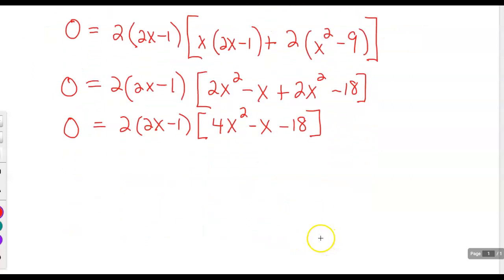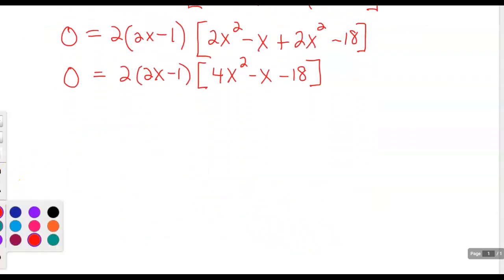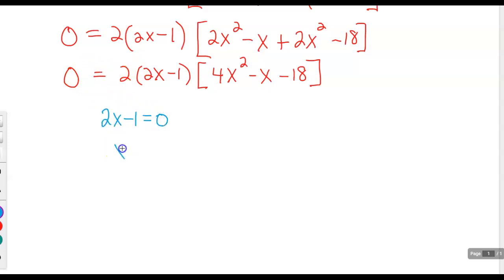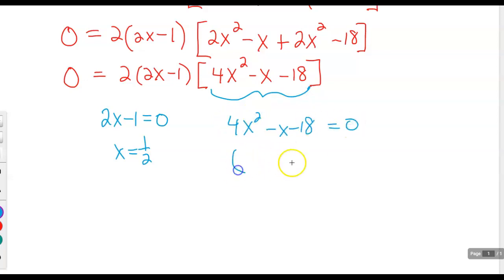Now we can go ahead and use the 0 product property to figure out what values of x make our derivative 0. So 2 equals 0 doesn't do anything because it's just a number. If we get 2x minus 1 equals 0, then our first partition number is x equals 1/2. Then we have to factor this to set it equal to 0. So 4x squared minus x minus 18 equals 0. Factor that however you factor. Hopefully it's guessing and checking.